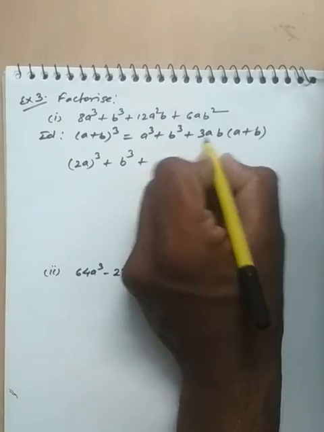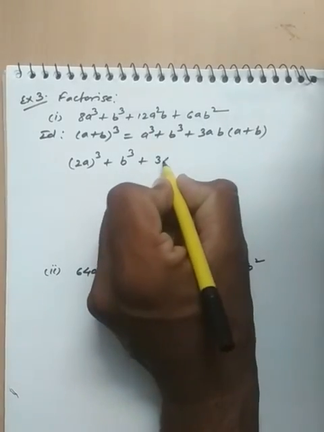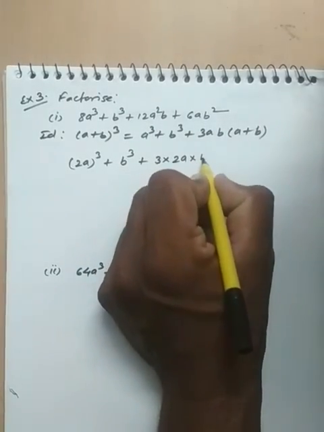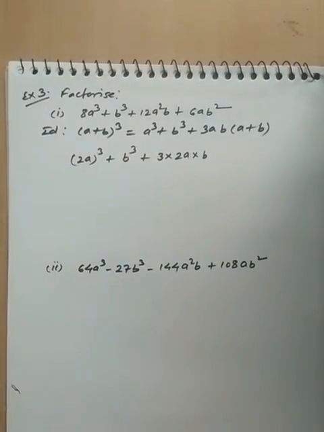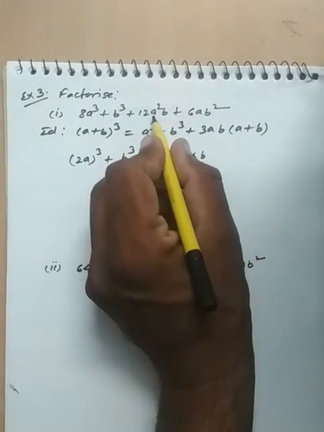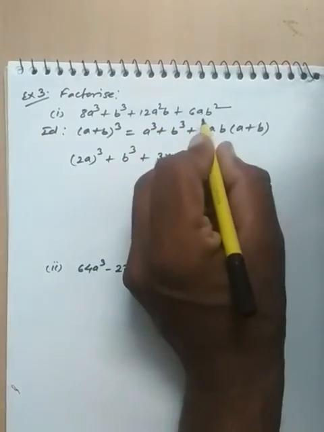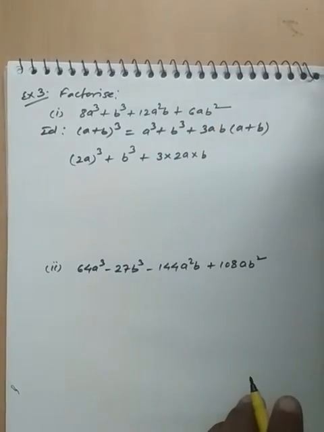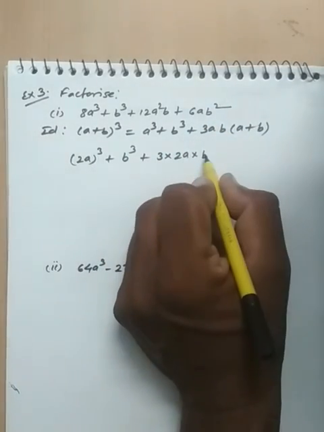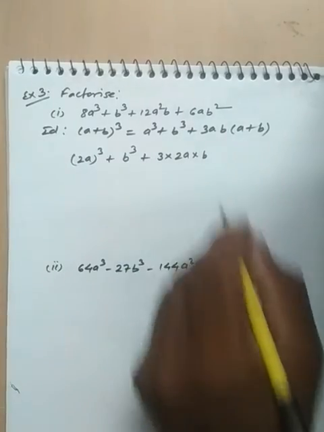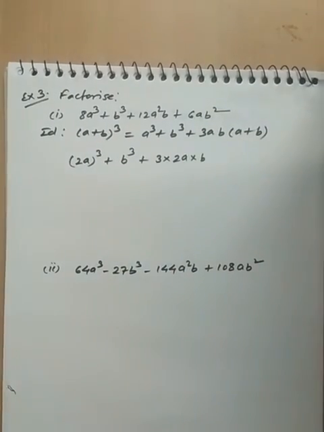Next, 3ab, so 3 into 2a into b is the term in place of 12a²b + 6ab². So 3 into (2a + b), here is a mistake.